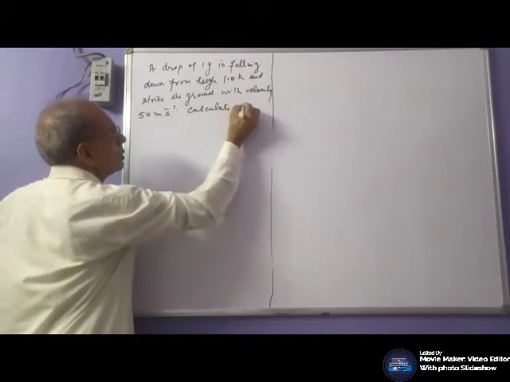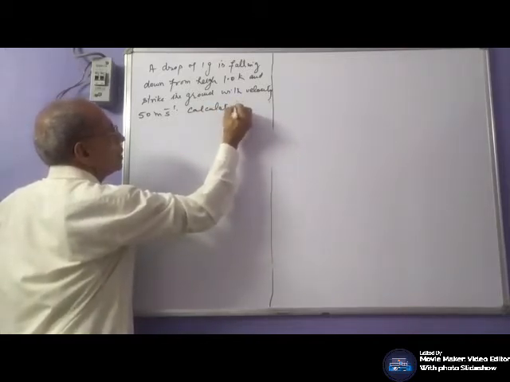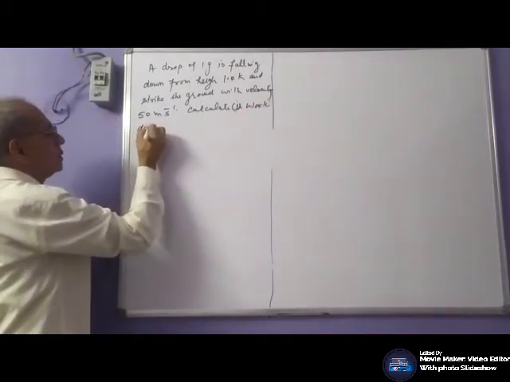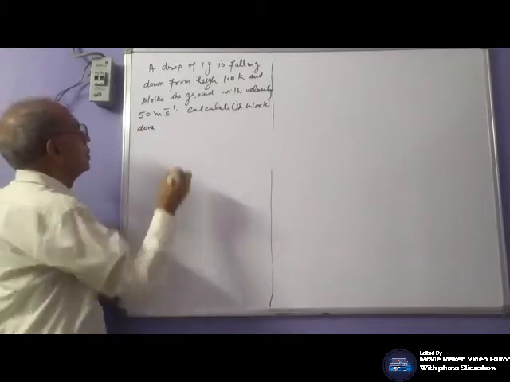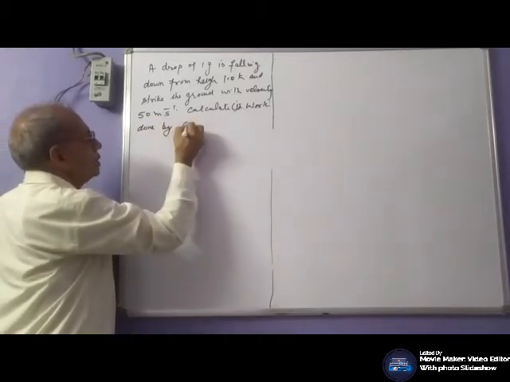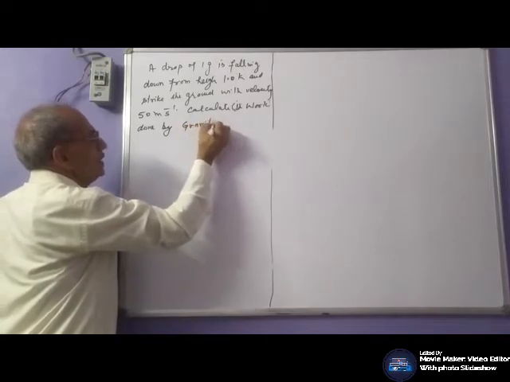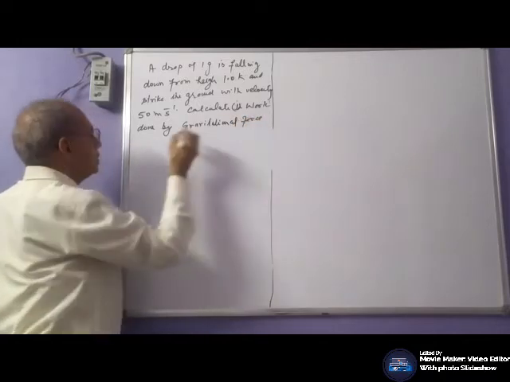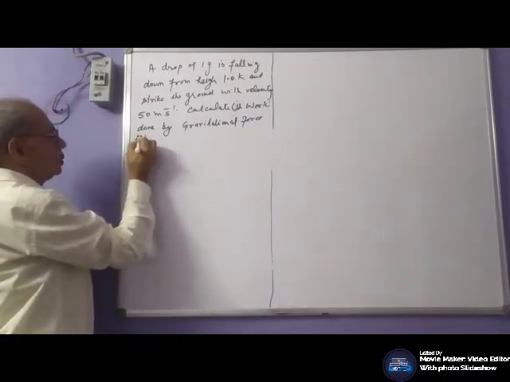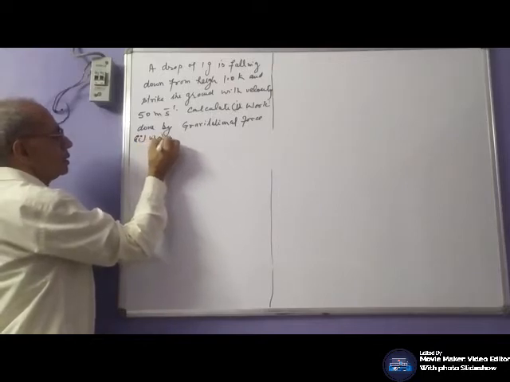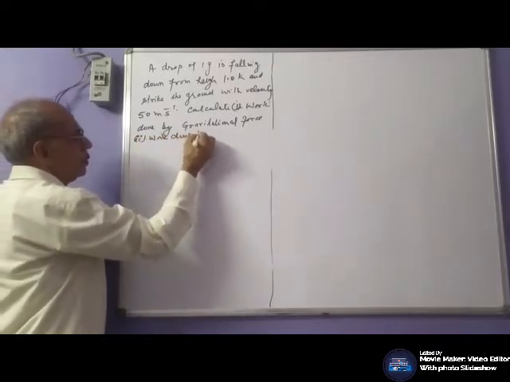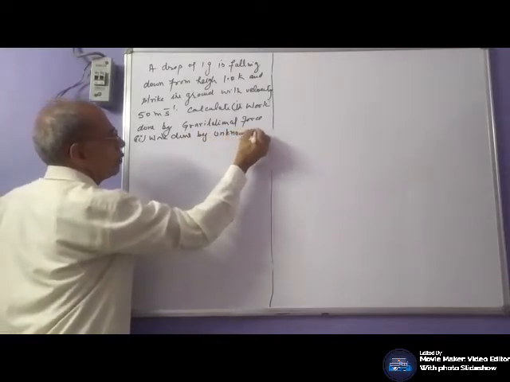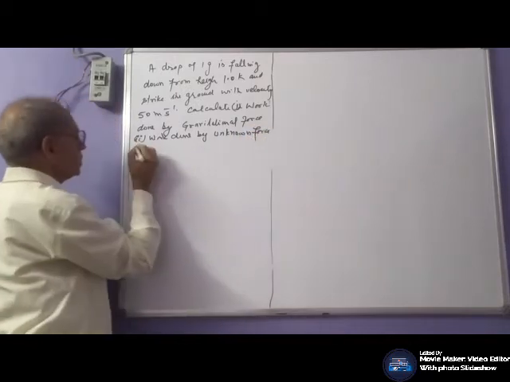Calculate number 1, work done by gravitational force. Number 2, work done by unknown force. This is the question.